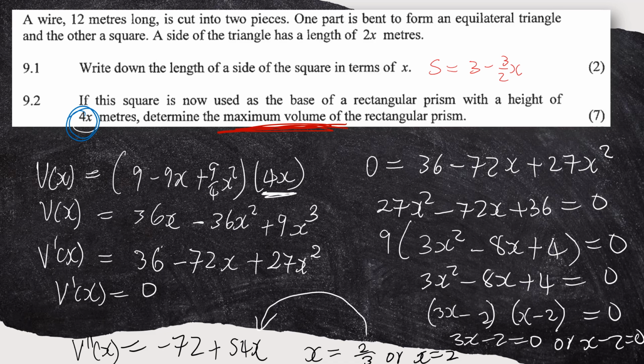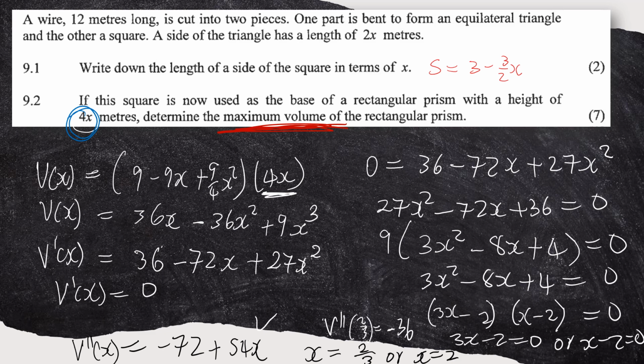The second derivative becomes negative. When I substitute 2/3, the second derivative at 2/3 is negative 36. Remember, we are just doing this to decide which one will maximize and which one will minimize.